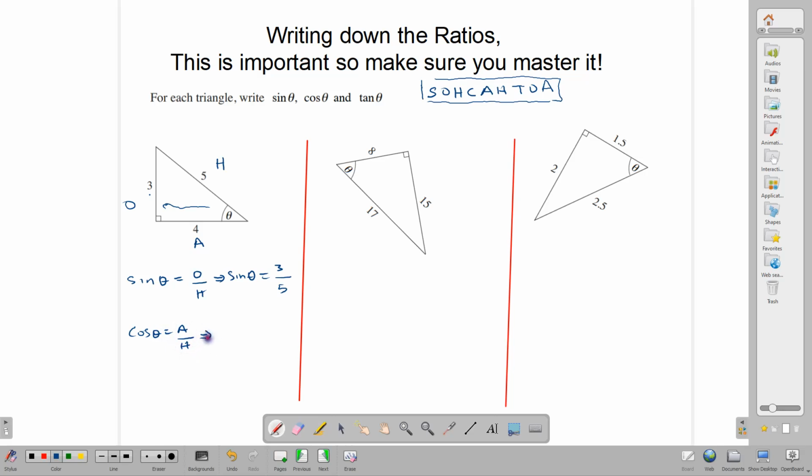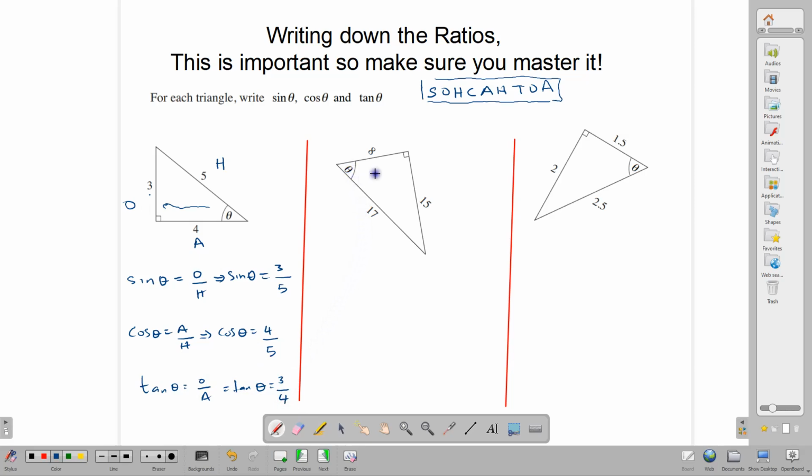And in this situation, the adjacent side is 4, and the hypotenuse is 5. And the tangent of the angle is equal to the opposite side divided by the adjacent side, which gives us that the tan of the angle is equal to 3 over 4, where the opposite side is 3 and the adjacent side is 4.